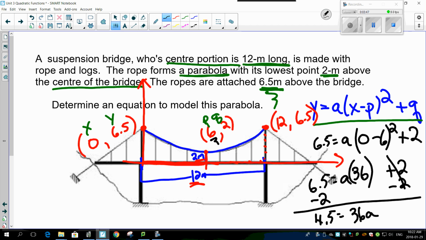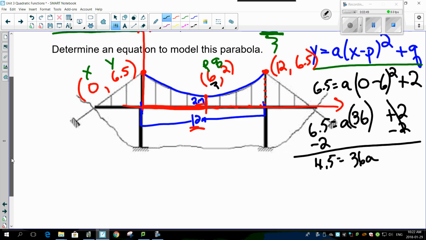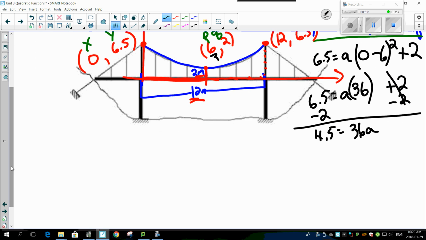Now, from this point, I really don't like decimals. I love fractions because you get more out of a fraction. If you remember last year in Math 10C, you used fractions to determine rise over run. And you couldn't do that very well with a decimal. So here's what I suggest you do.